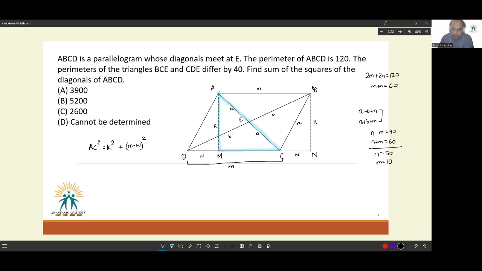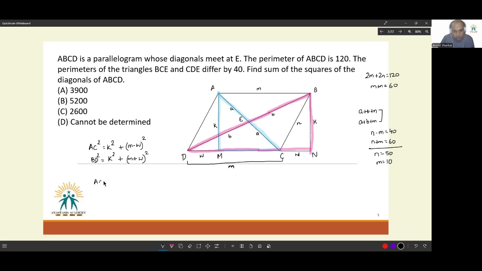And BD square, the triangle I'm looking at now is this one. So BD square will be equal to K square plus M plus W square, whole square.